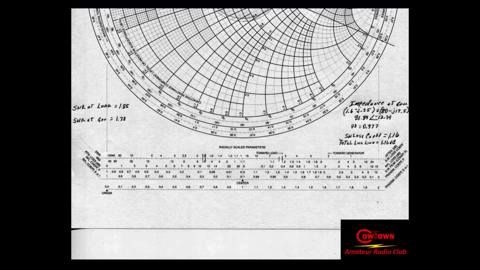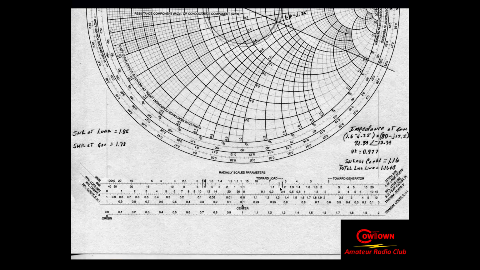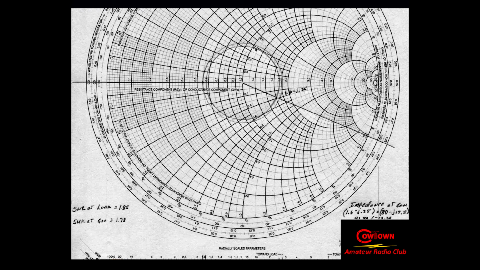Then the next thing I'm going to do is start out with my first, since I've marked this off, my red 0, I've got, I think it's 0.65 plus J0 normalized impedance.